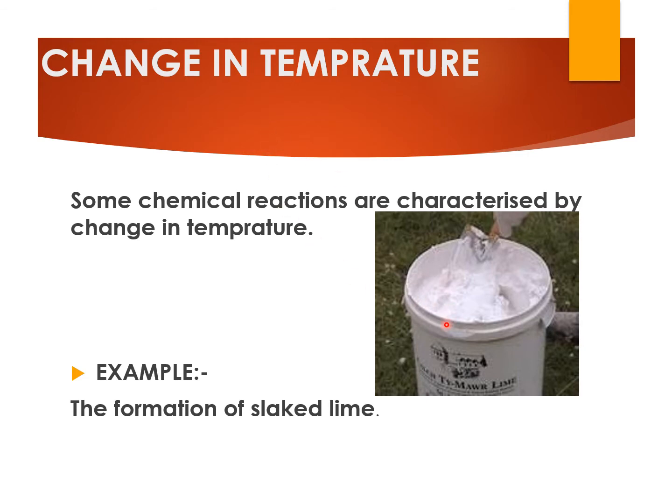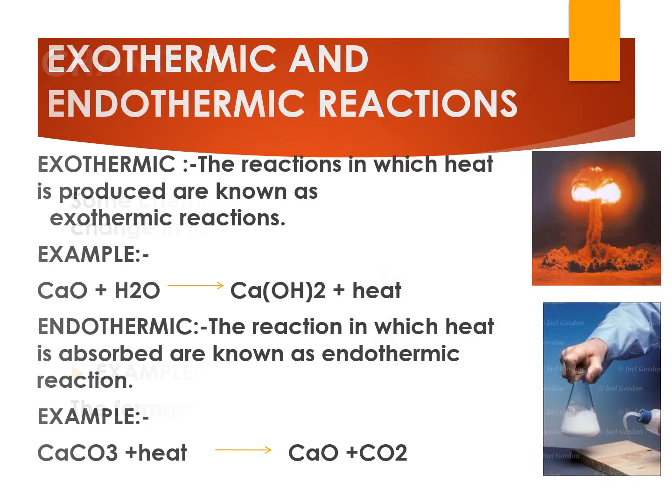If we mix two or more substances and the mixture becomes very hot or cold, that means there is a change in temperature. And that is another characteristic of a chemical reaction. So, on the basis of what type of temperature change has taken place, we can classify the chemical reactions into two types.